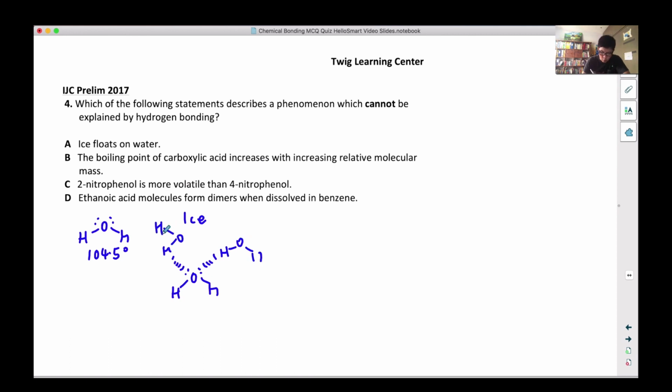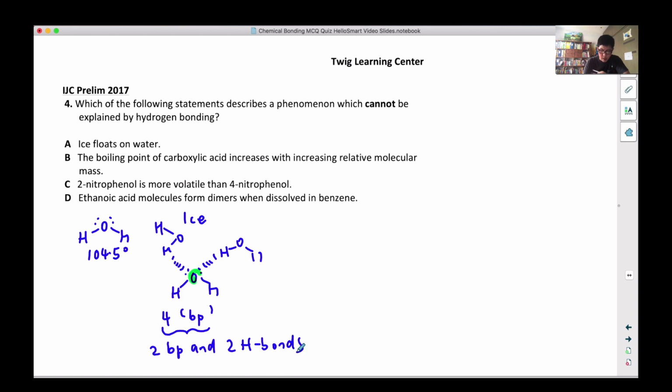So about O, there would be actually 4 bond pairs. I'm going to put a bracket here, bond pairs. But when I say 4 bond pairs, it's really 2 bond pairs and 2 H bonds.